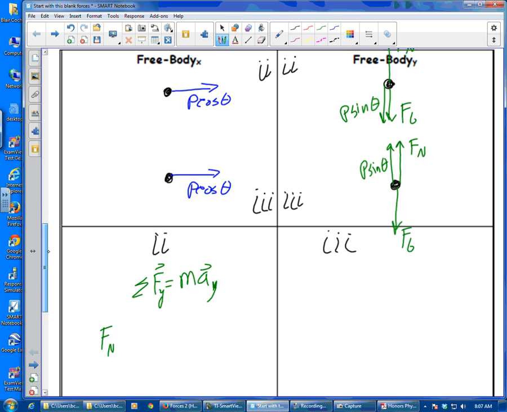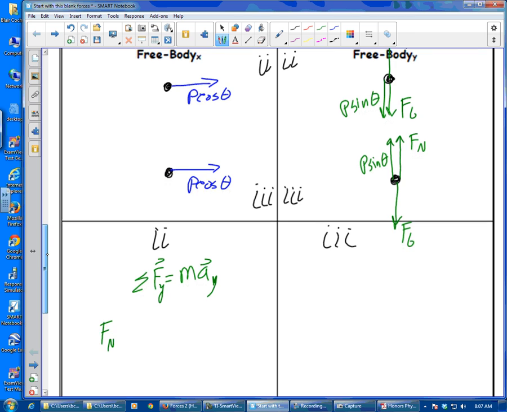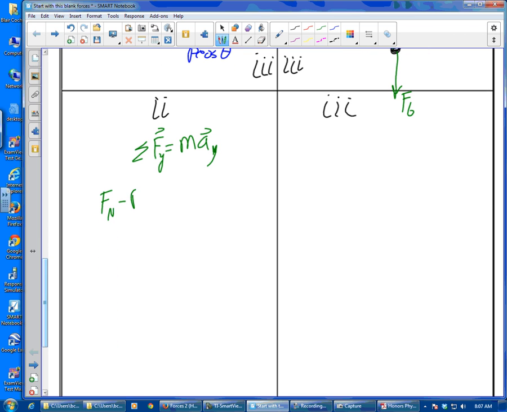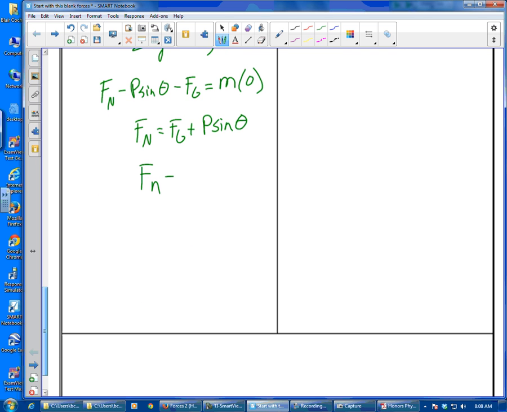See how I've got the negative P sine theta and negative F G. Negative P sine theta, negative F sub G equals no acceleration, so M times 0. So I end up with force normal after I rearrange equals F sub G plus P sine theta. And I know that F sub G from my equation sheet is mg, so it's mg plus P sine theta.